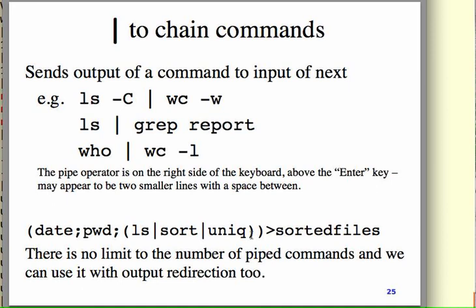That is, you take the output of one command, process it using what are called filters here, because you're sending the command output of ls through this filter to another command and so on. And then the output of all of these commands, for example, can be redirected to an output file.